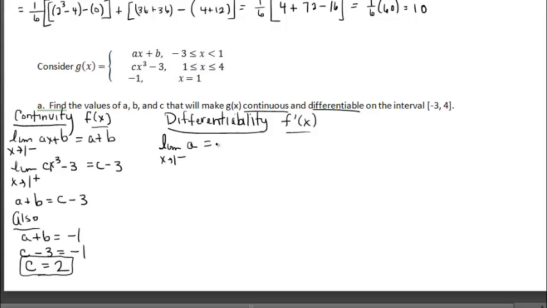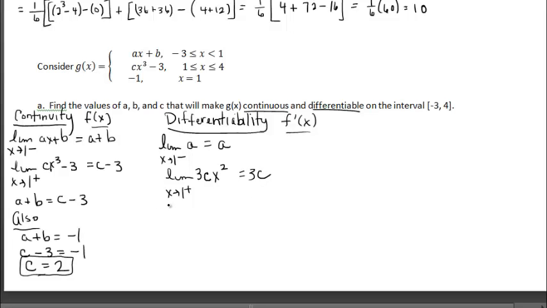So just plug in 1 and we get a. The left slope is a. As I approach 1 from the right, I'm on the second piece, so find the derivative. Power rule, 3cx squared. Plug in 1 for x, you get 3c.